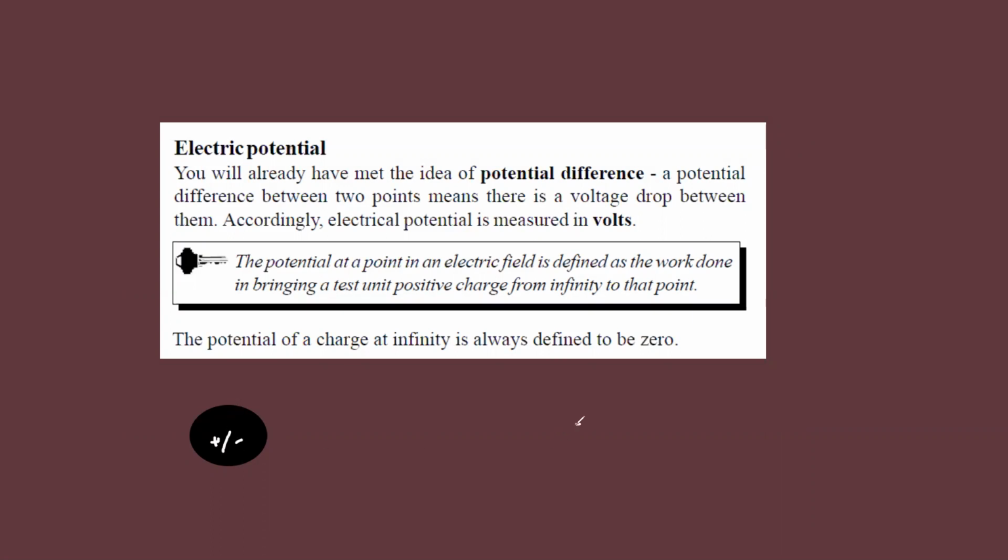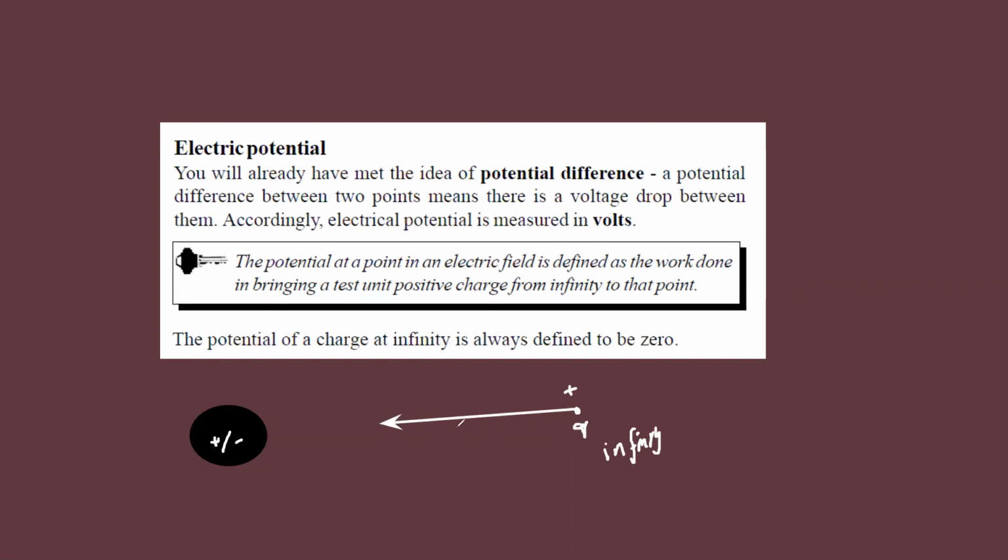So how much work is done on a unit positive charge? There's a unit positive charge far away from the charge, at infinity, and we move it from infinity to a certain point in the electric field.